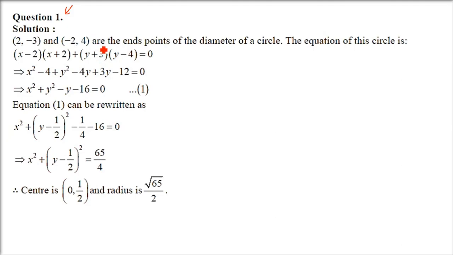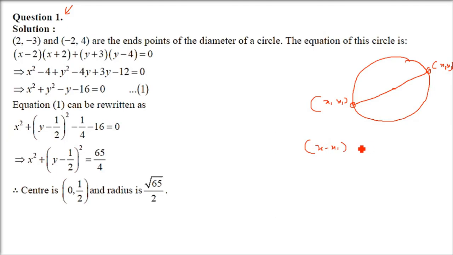So we have already discussed that when the end points of the diameter are given, we can find the circle equation. If we have a circle and there is a diameter, any diameter it can be, and the end points of the diameter are given, say x1, y1 and x2, y2, then the equation will be (x - x1)(x - x2) + (y - y1)(y - y2) = 0.